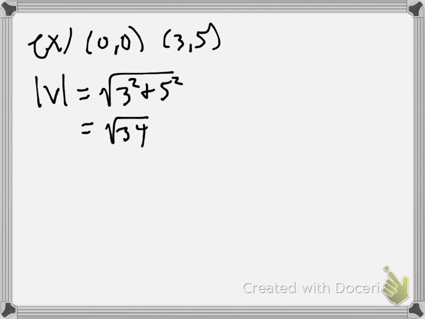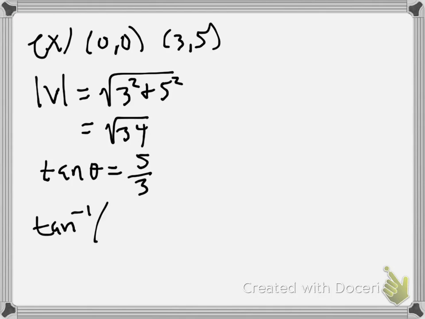We have that. Well, we don't know our angle, so remember, our tangent of theta is our y value over our x value. So if we do our inverse tangent, and again in degrees, I get 59 degrees.